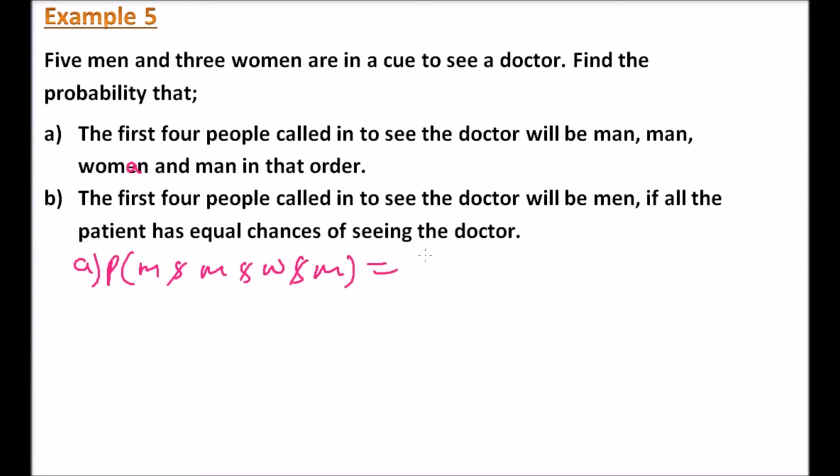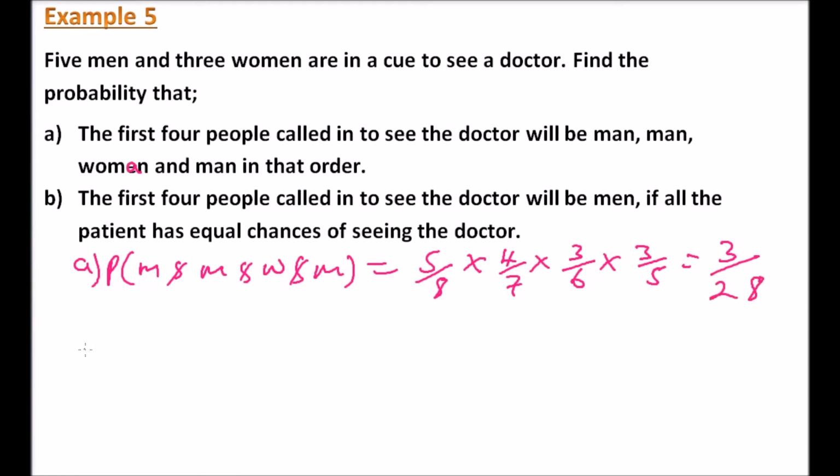So probability of getting a man is 5 over 8 multiplied by, once you take in 1 man, then you have 4 over 7 multiplied by the women remain 3 over 6 multiplied by now 3 over 5. So when you work out that using your calculator, you get the probability is 3 over 28.